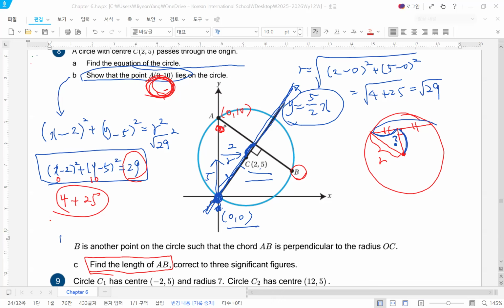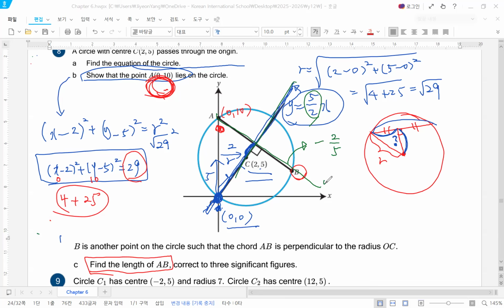And then, since this line is perpendicular to this line, right? You can find the gradient of this green line. So you need to find the gradient which makes negative 1 when multiplied with the other. Negative 2 over 5. Very good. This is the gradient. Then y equals negative 2 over 5 x, and the y-intercept is 10, students, right?